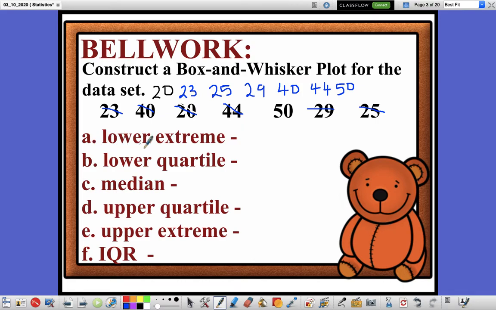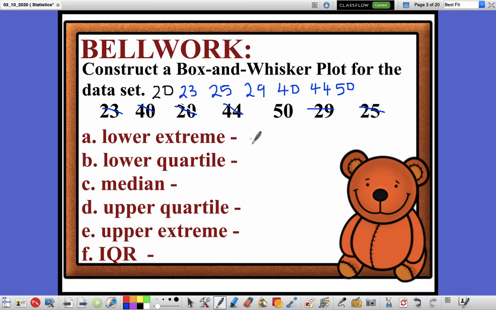Right, they're asking me to find the lower extreme, lower quartile, median, upper quartile, upper extreme, and IQR, which stands for interquartile range. Okay, let me start by answering what lower extreme is. Lower extreme is the lowest number that you have in your data.